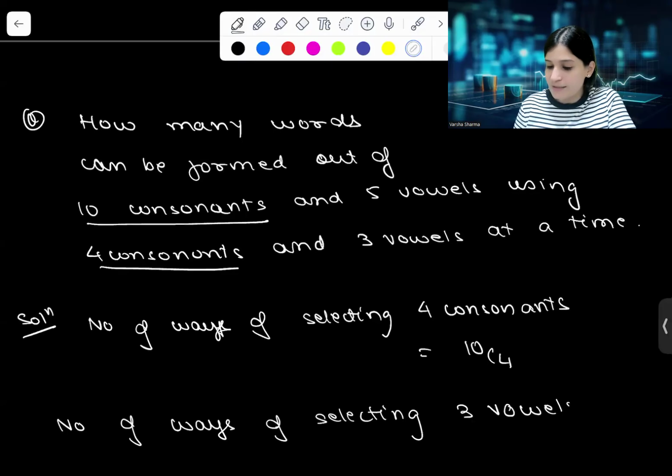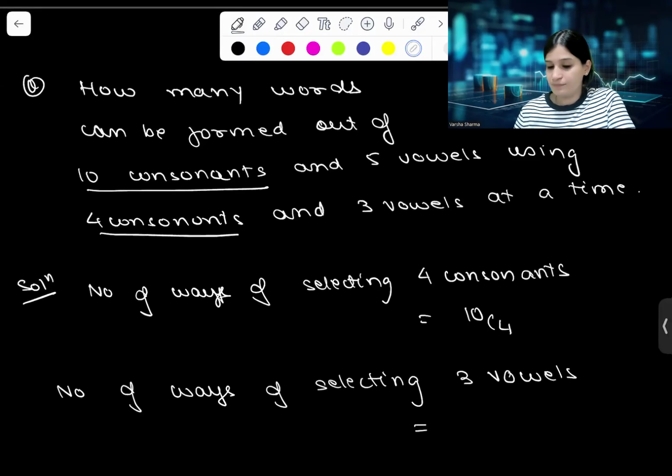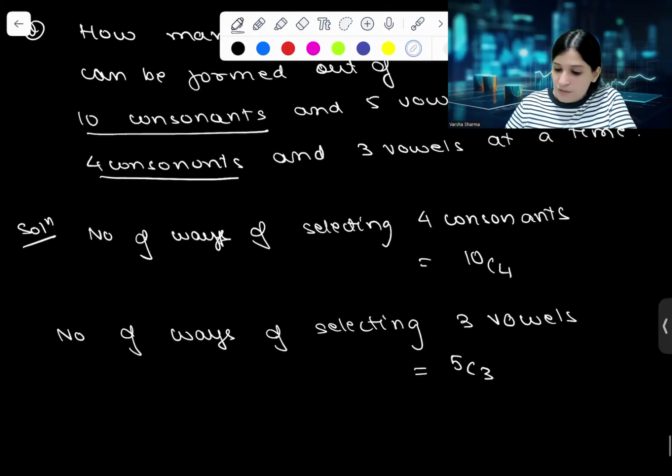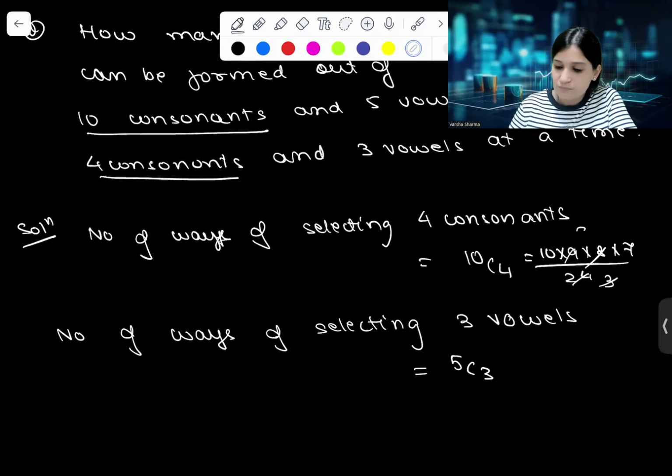What will be the answer? How many ways are there to select 3 vowels? 5C3. So 10C4 is how much? This is 210 and this is 10.